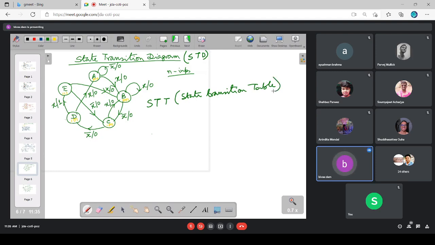Next you have to go for the state transition table, where the state transition diagram is pictorial. The state transition diagram shows how the states are transiting, giving a pictorial impression. But this diagram will be translated into a tabular form, and that table is called the state transition table.